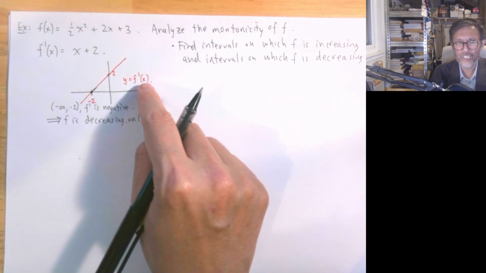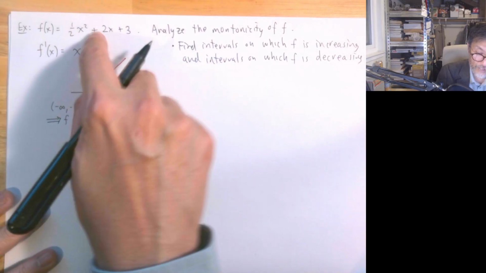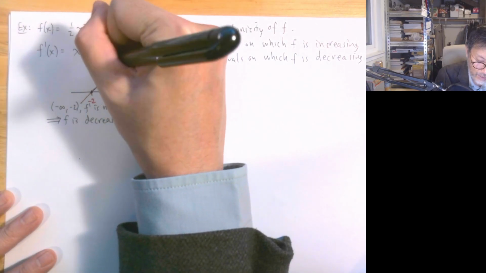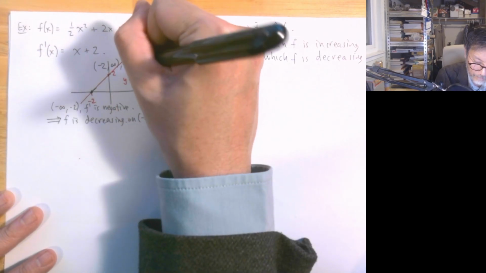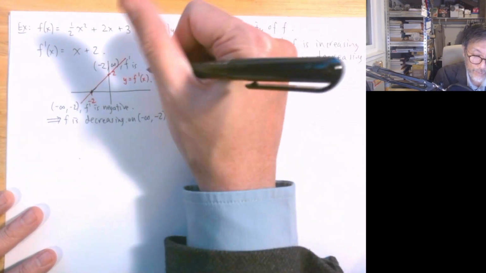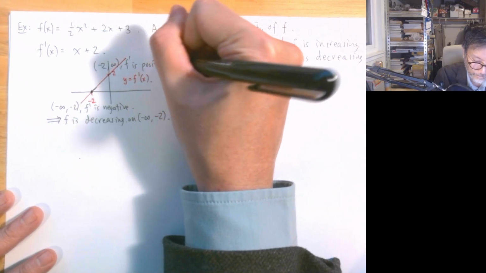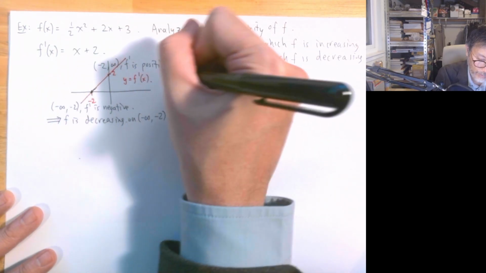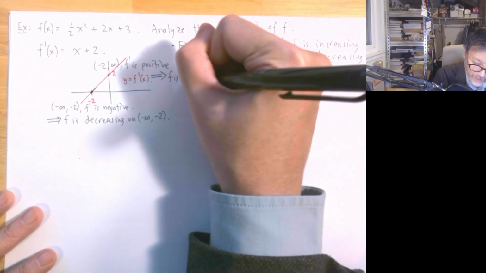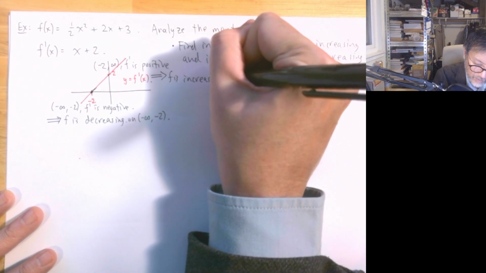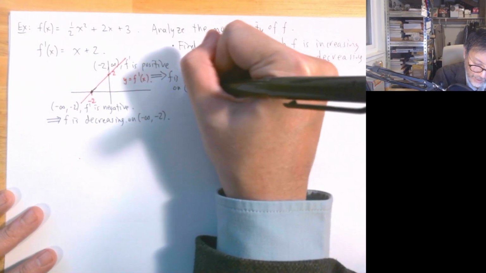That therefore we can deduce that the function f is increasing. So on the interval from -2 to infinity, f prime is positive, and therefore, by the comments we made before, this implies f is increasing on the interval from -2 to infinity.